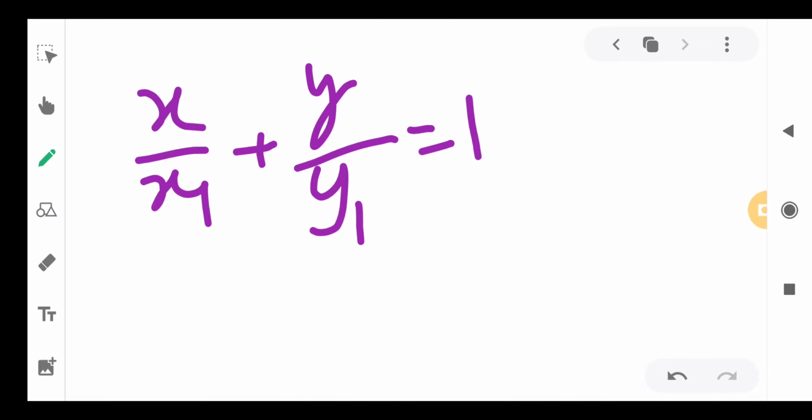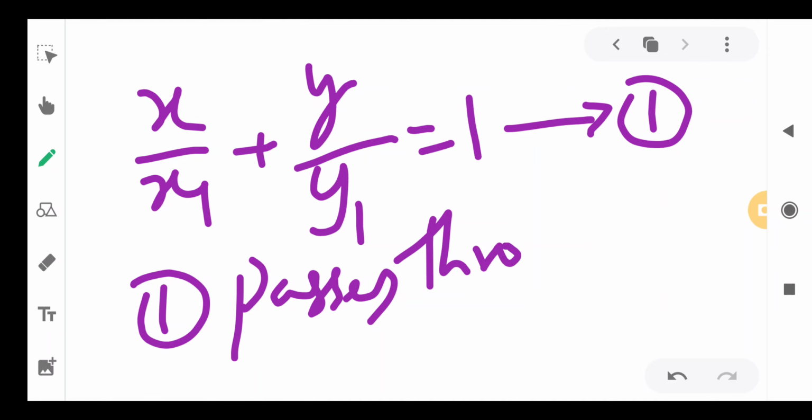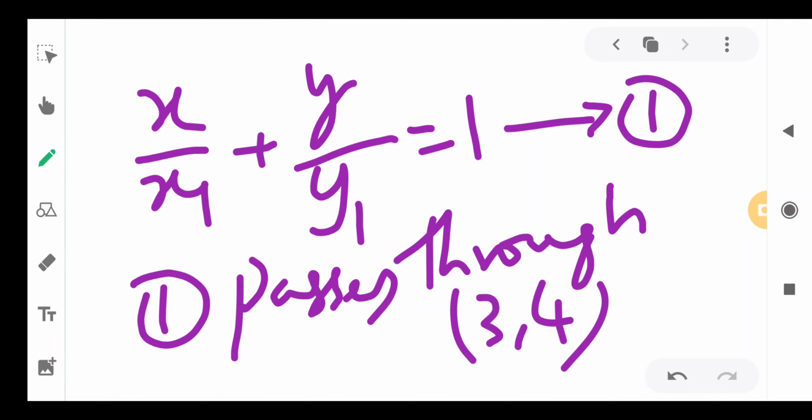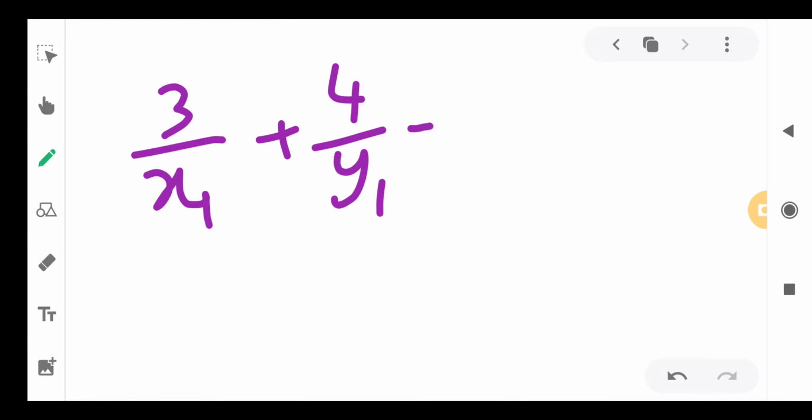Say it is equation number 1. Now which point does it pass through? Given that this passes through (3, 4), therefore because (3, 4) satisfies equation 1, this will be x by x1, meaning 3 by x1, plus 4 by y1 is equal to 1.